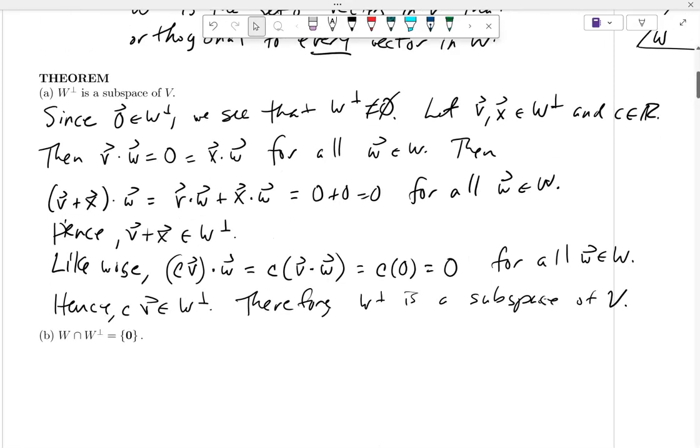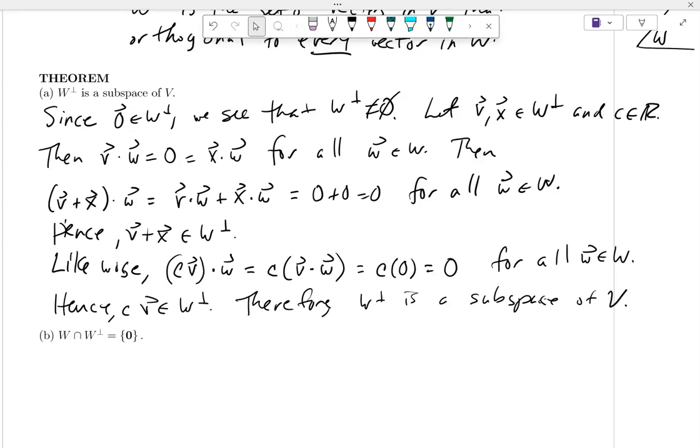The next part is kind of the idea we talked about with the picture in R3. The only thing that is in W and orthogonal to everything in W is the 0 vector. Now, certainly, one containment is true.